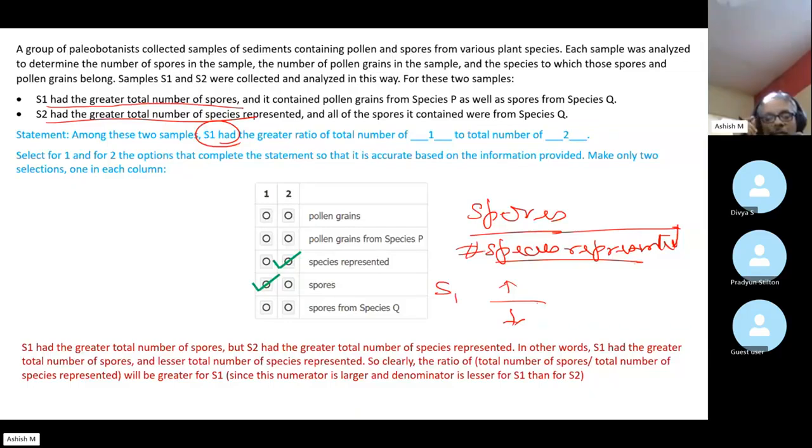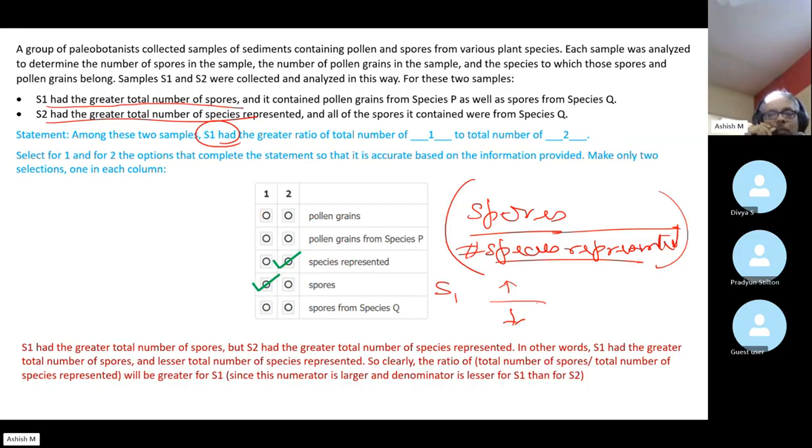Okay, what's your point, Pradhan? Can you please repeat? I might be missing that point. You are saying that for S1 this ratio will be greater than 1? Yes, correct. And why are you saying that? That the number of spores in S1 is greater than the number of species represented in S1.